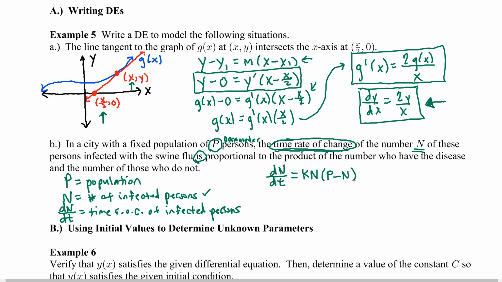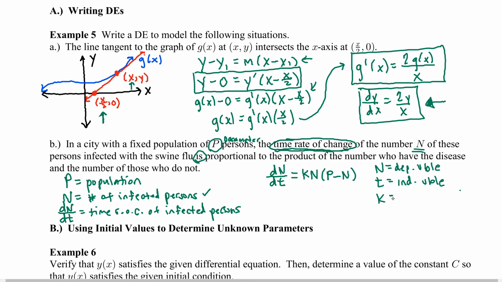So this is a very classic differential equation that can be used to model the spread of a virus through a community. It can also be used to model the spread of a rumor through a community based on this same differential equation. So notice here, n is the dependent variable. T, or time, is the independent variable.